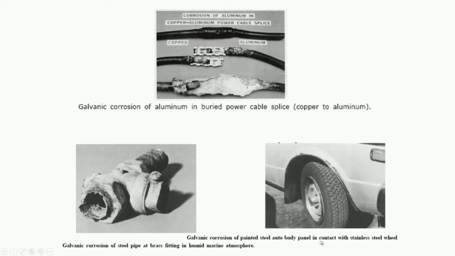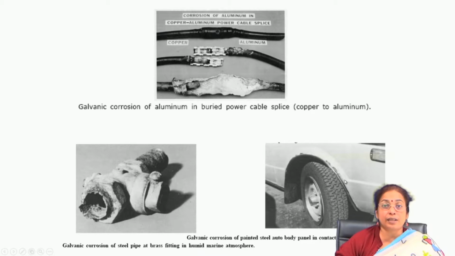Again, galvanic corrosion of painted steel, a steel auto body. By erosion corrosion or by exposure of the painted surface to the environment, if there is damage of the paint layer, there will be galvanic attack, and the paint layer cannot save the underlying metal because of the cathodic protection, since paint is usually noble in nature.